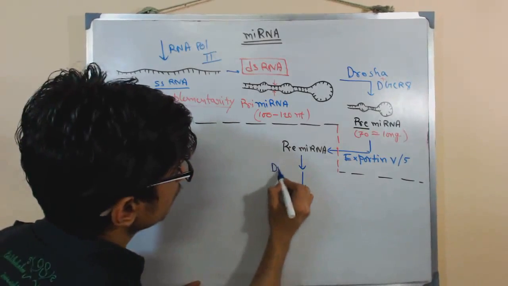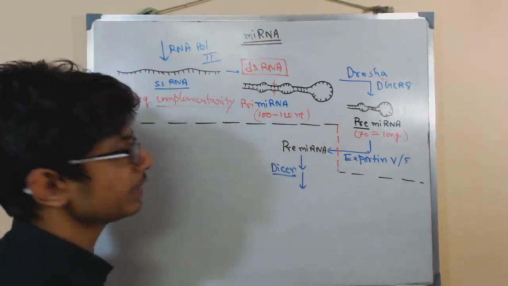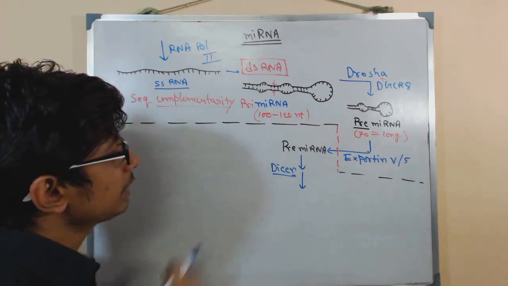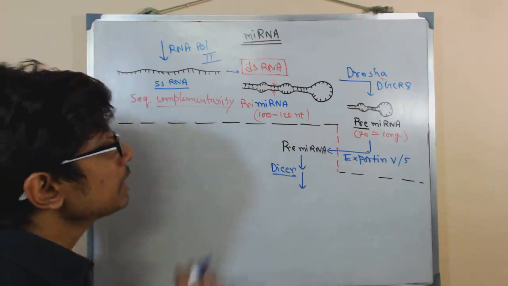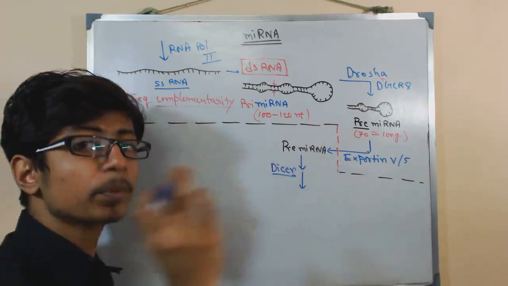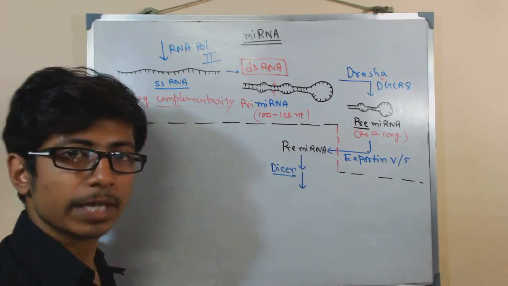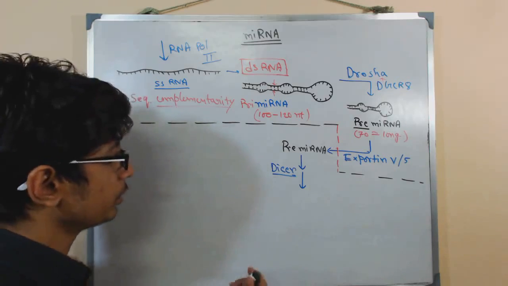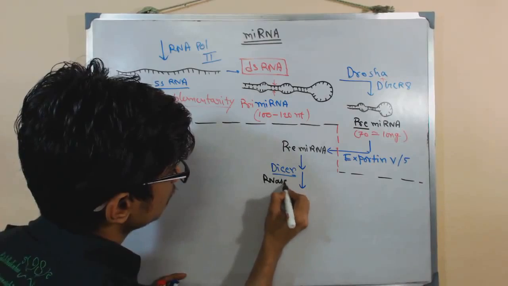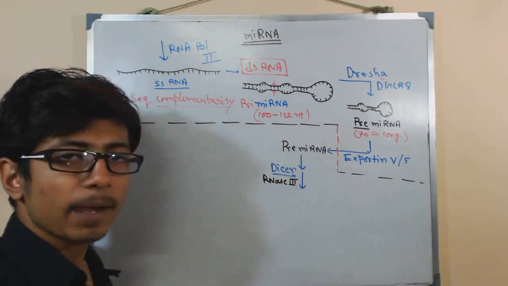So dicer will act here. Now, what will dicer do? Dicer actually prepares this RNA to be properly activated. Right? And dicer, I have already told you, is nothing but an RNase III type of enzyme.